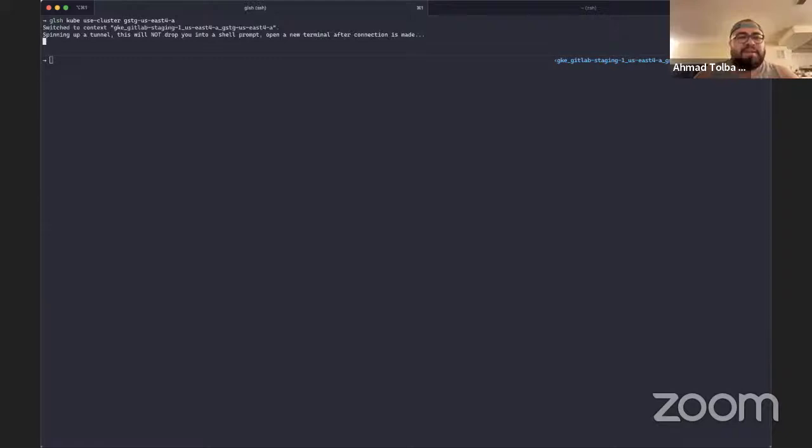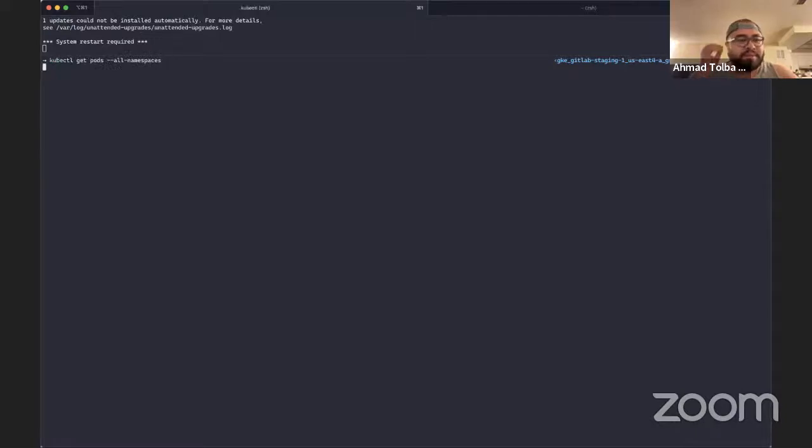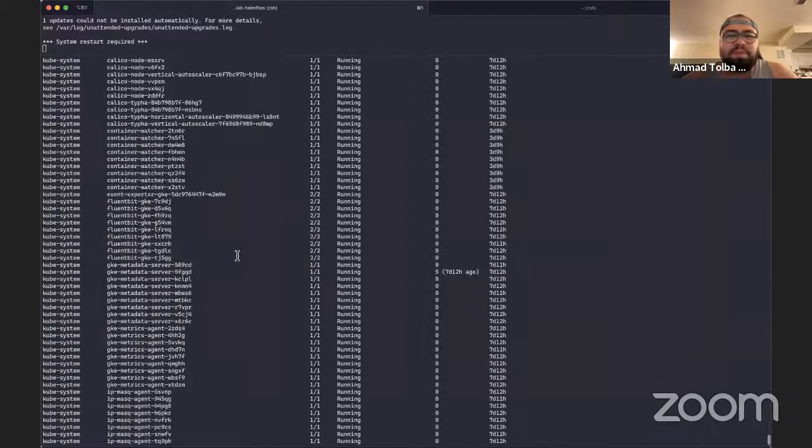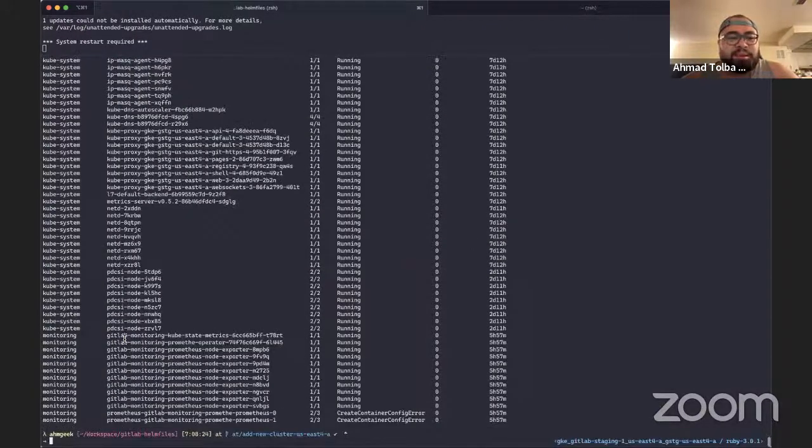Let me get into the fourth cluster. kubectl get pods. As you can see, there are some workloads on the fourth cluster. I tried to deploy the monitoring, but we have an issue there: the external secrets are not syncing yet.